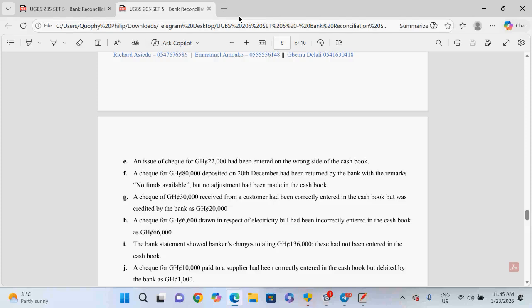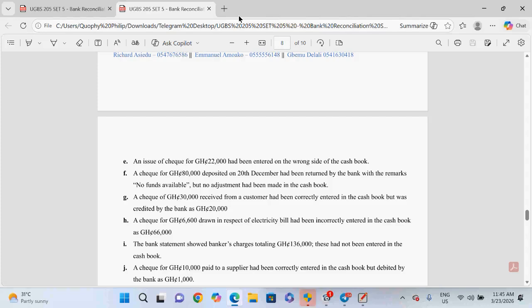G. A check of 30,000 received from a customer had been correctly entered in the cash book but was credited by the bank as 20,000. H. A check for 6,600 drawn in respect of electricity bill had been incorrectly entered in the cash book as 66,000.